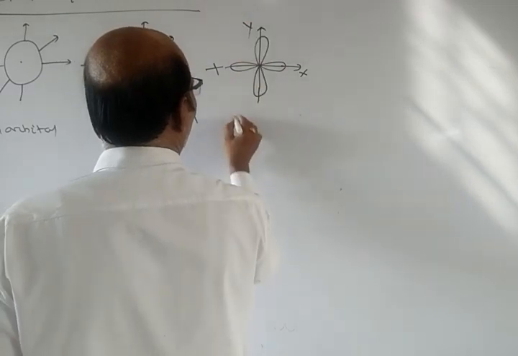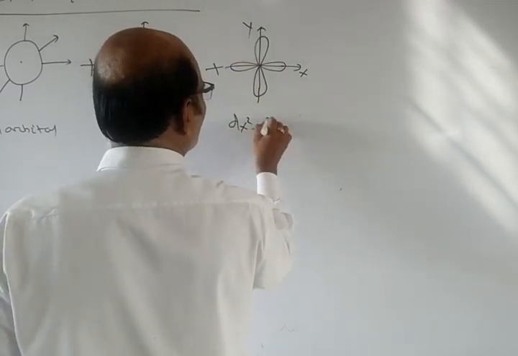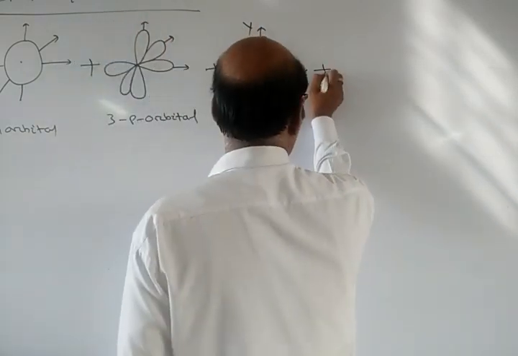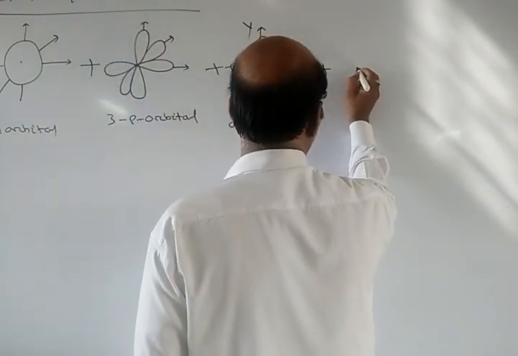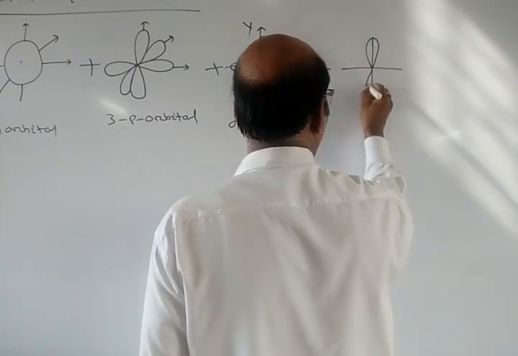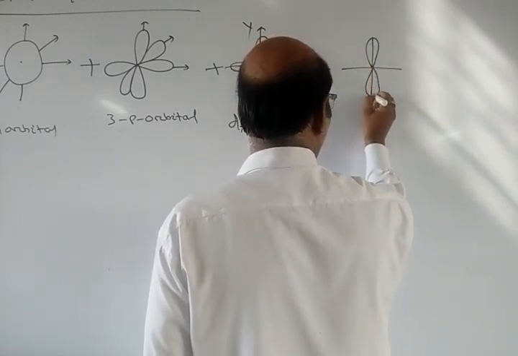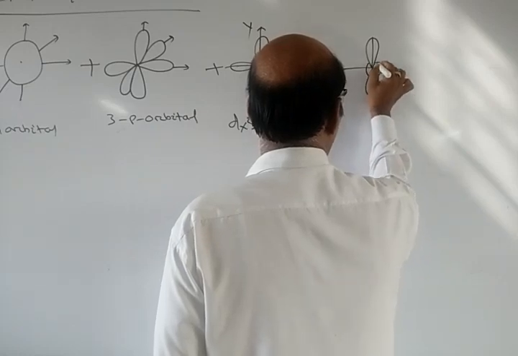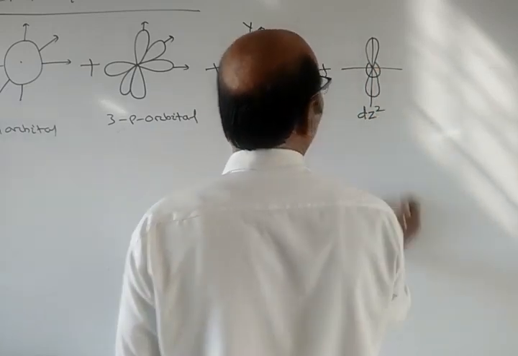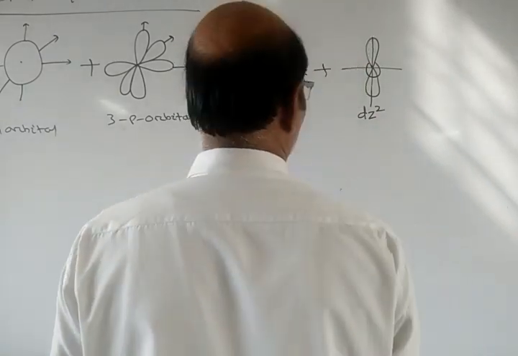The 2d orbitals are dx square minus y square plus dz square.